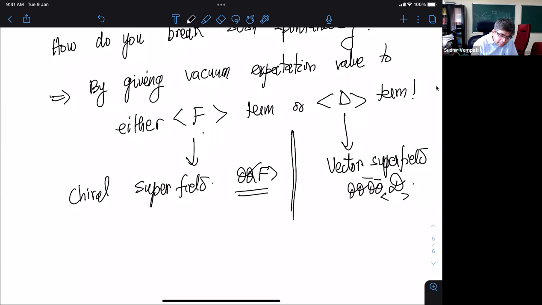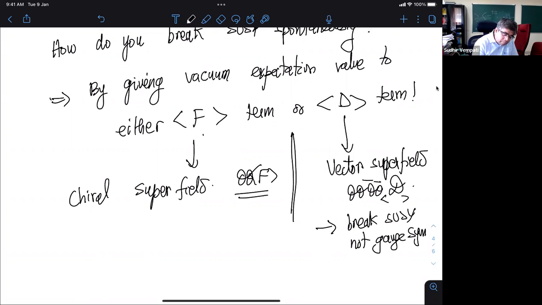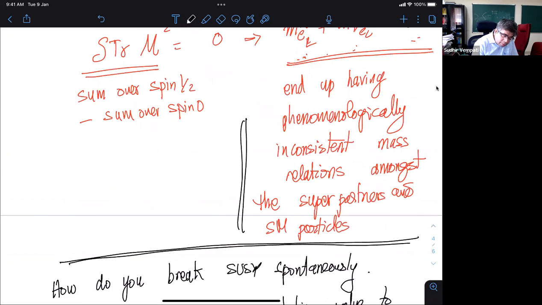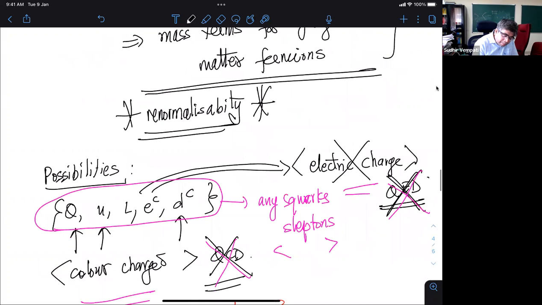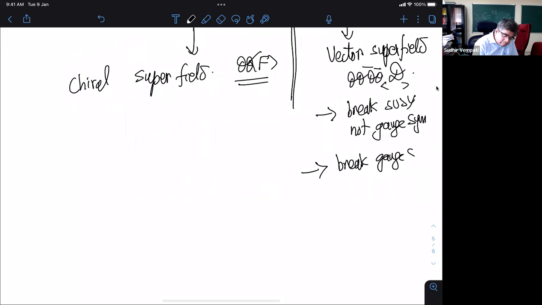But here you have two cases: break SUSY, not gauge symmetry, but also break gauge symmetry, not SUSY.